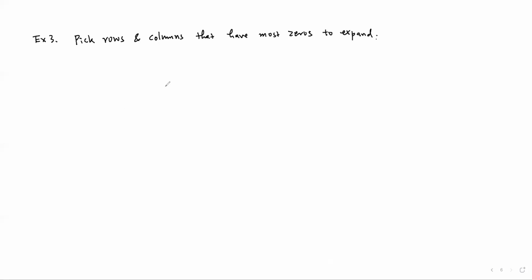Okay, expand. The determinant now is a 4 by 4.